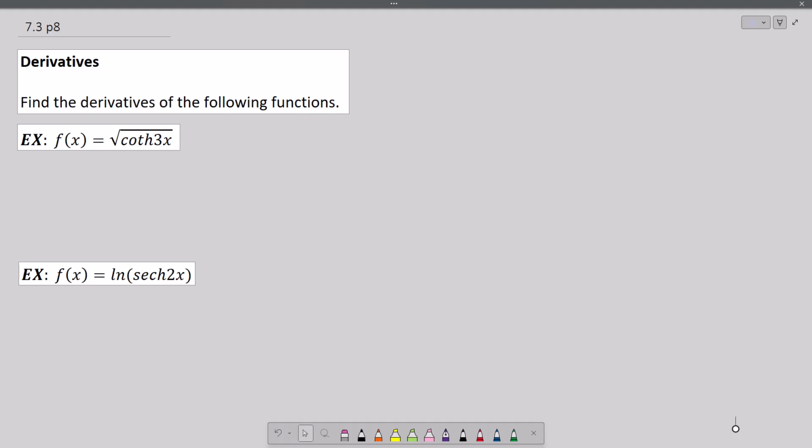Once you're good at chain rule, that's a good thing because chain rule is everywhere. How's this table doing with chain rule? You multiply by 3 because you take the derivative of the inside, which is 3. With trig functions and hyperbolic trig functions, you can keep going in circles.